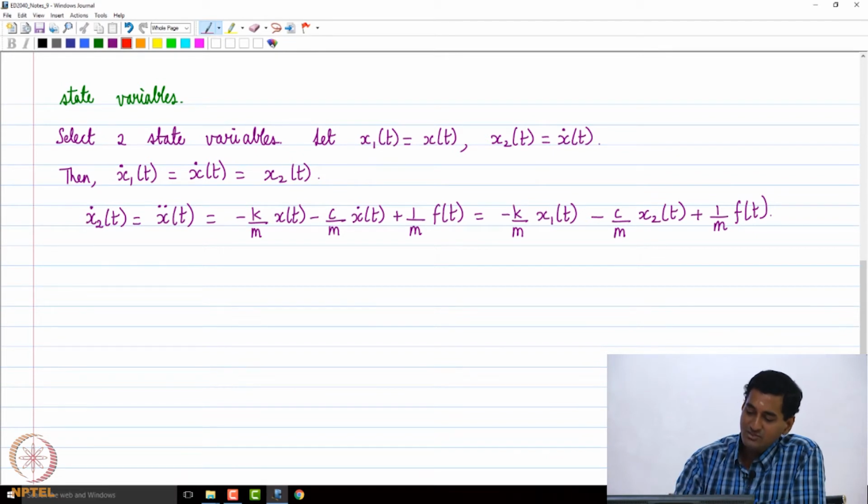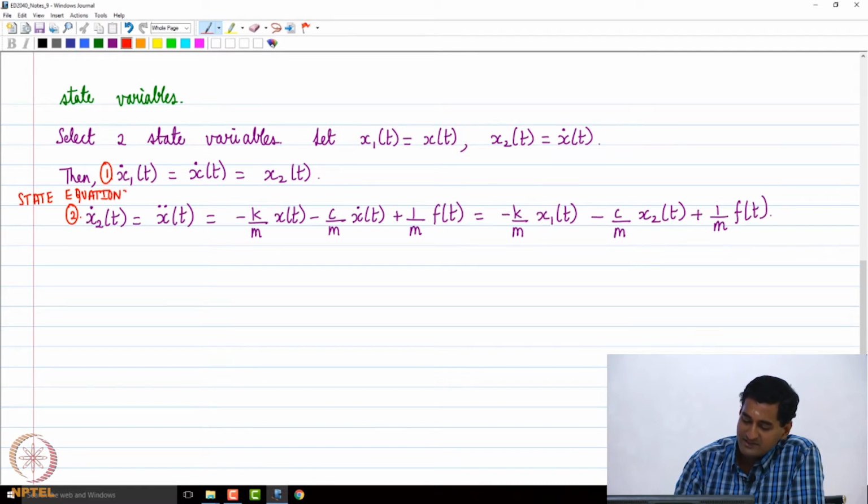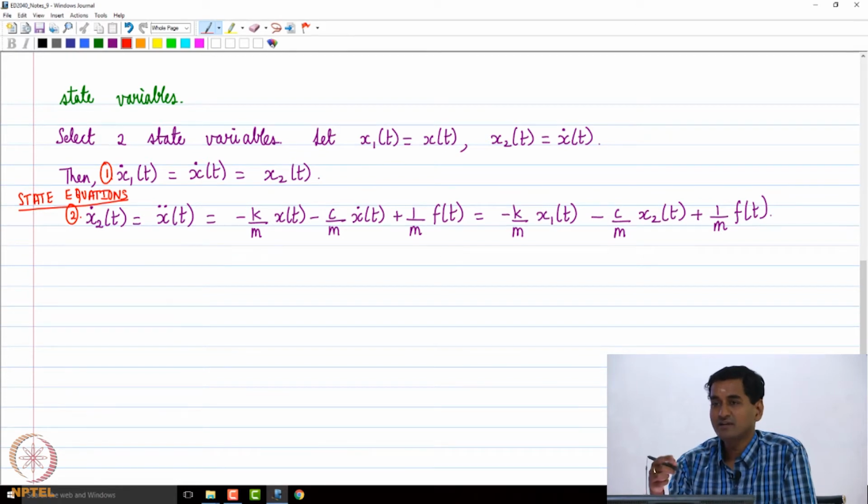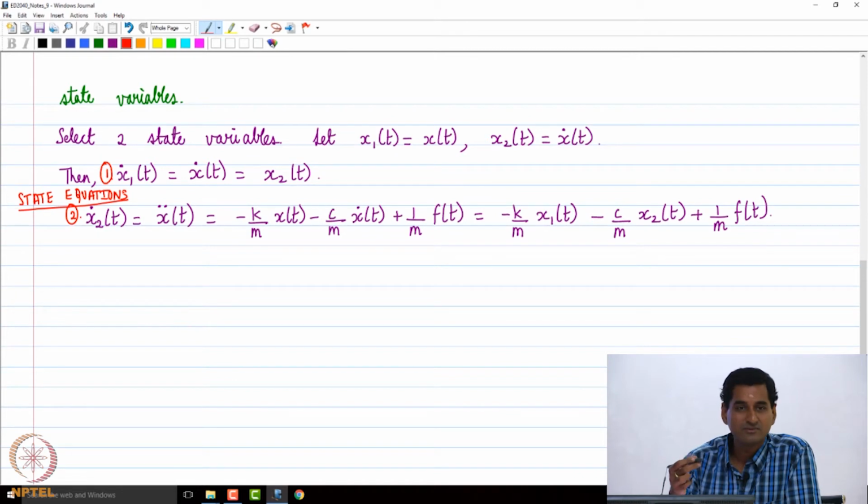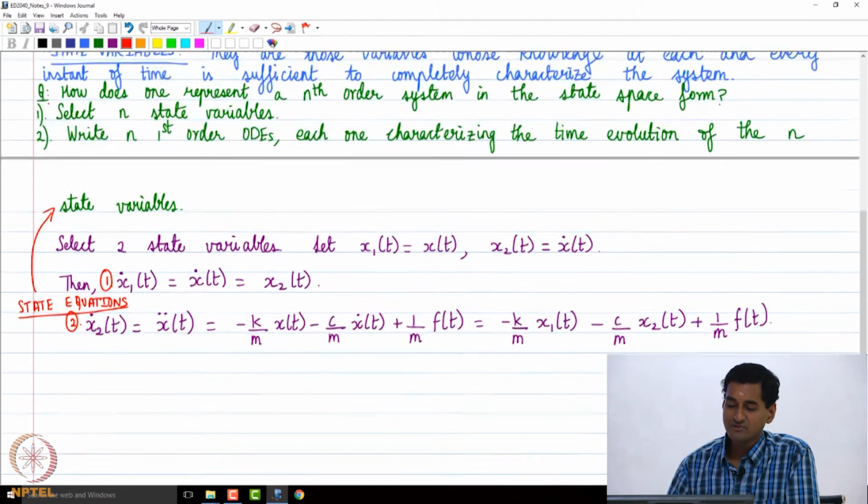So, these two equations, equation 1 and equation 2, are what we call the two state equations. What are state equations? State equations are these first order ODEs that characterize the time evolution of each state variable. That is what we talked about in the second step.